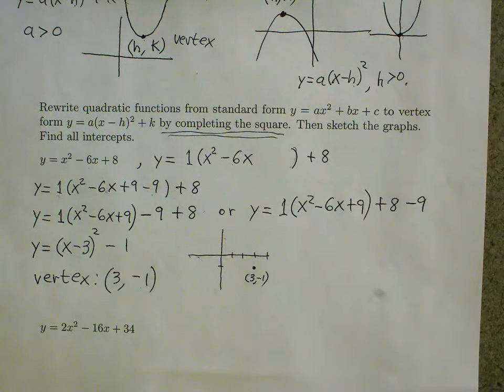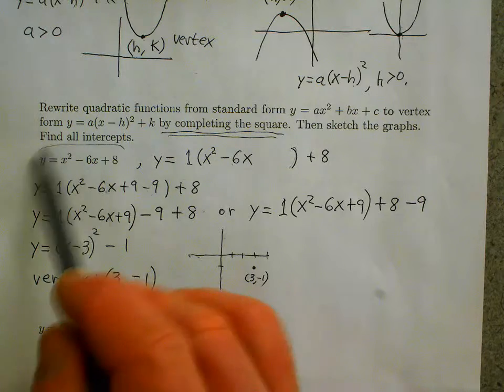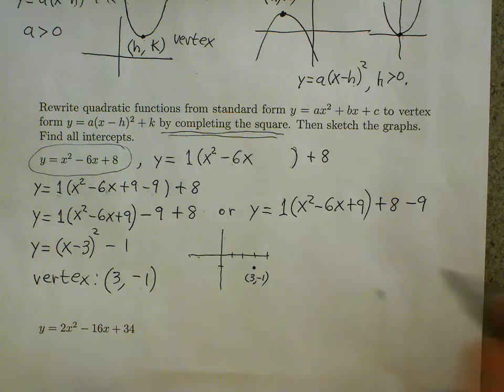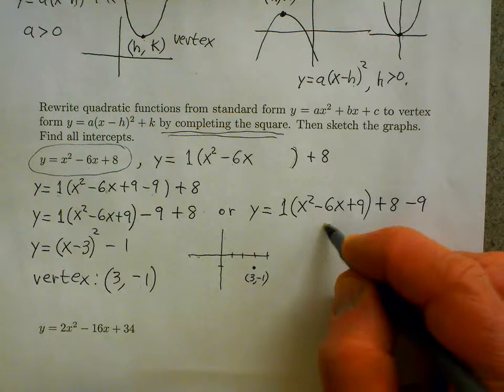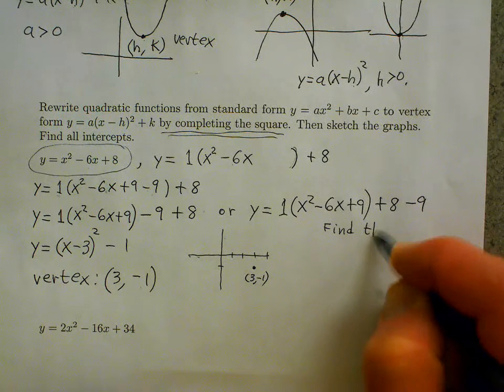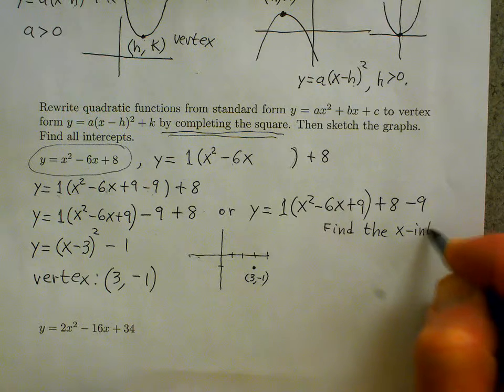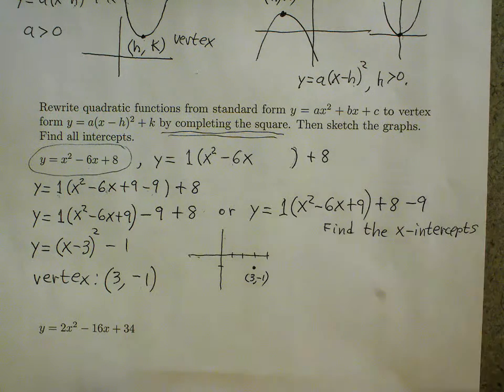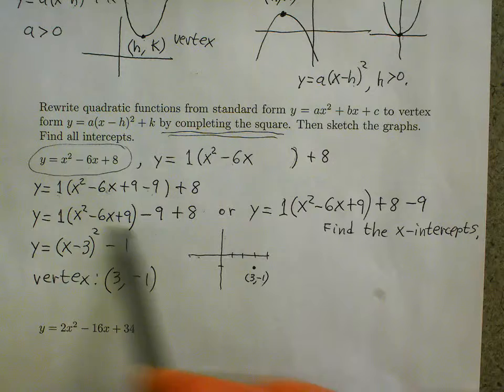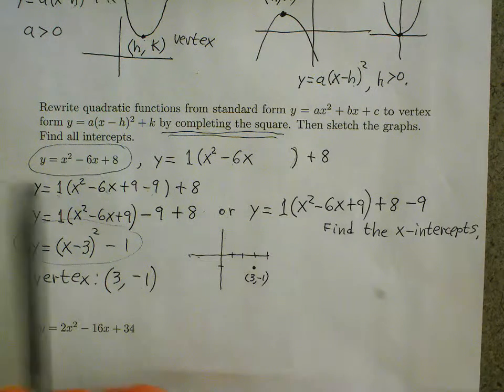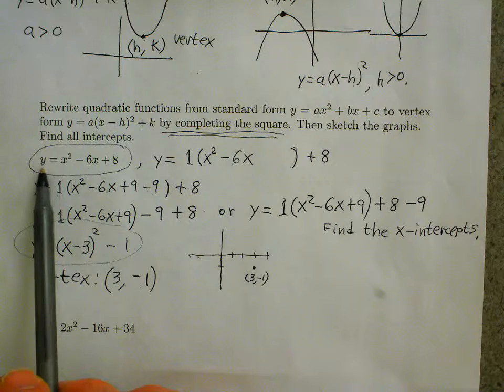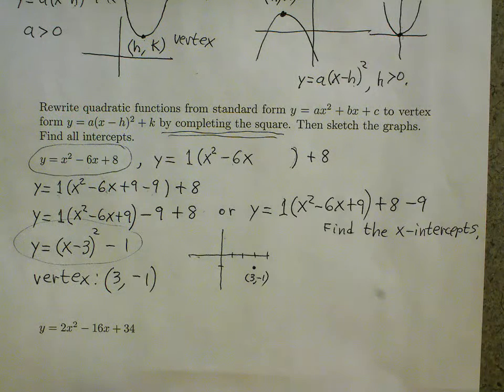And we can find the x-intercepts. To find the x-intercepts, we can just use the standard form. So what's the procedure for finding the x-intercepts? We can use the standard form or the vertex form, but in either case, we replace y with 0 and then solve for x.